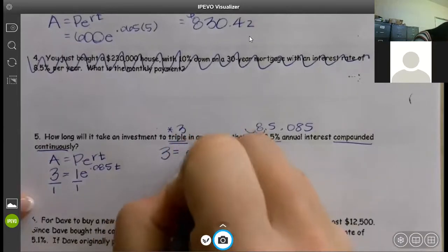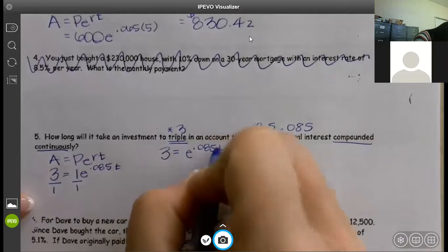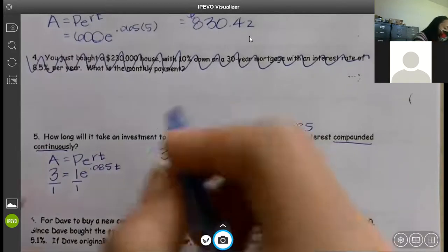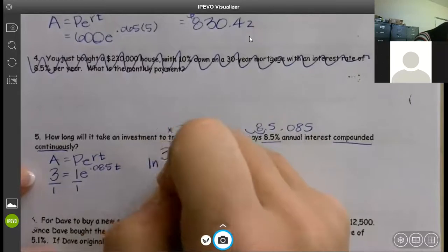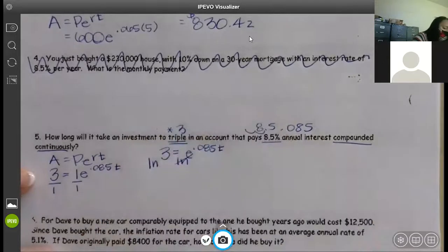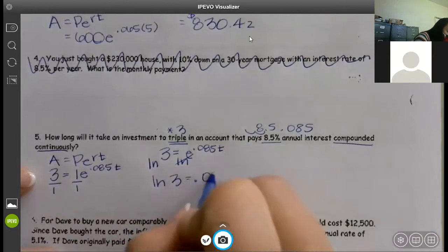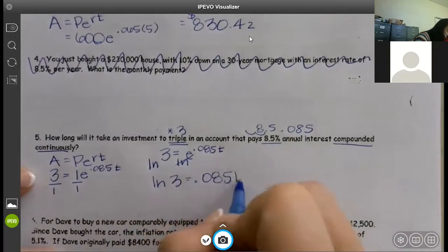E to the 0.085 T. Now from Friday, how do we get rid of E? Yeah, LN both sides. So we're going to get rid of E. So we're going to LN both sides. So that marks out. We get LN3 equals 0.085 T.